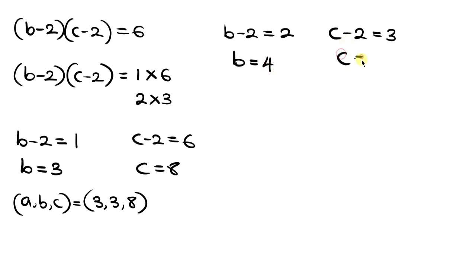And C becomes, as negative 2 crosses to the right, plus 2. So 3 plus 2 is 5. So the values of A, B, and C here will be, we're solving for when A is 3, B we got the value to be 4, and C is 5.